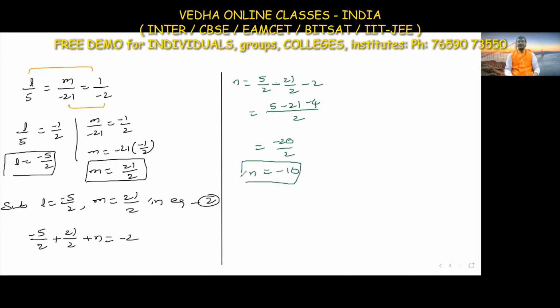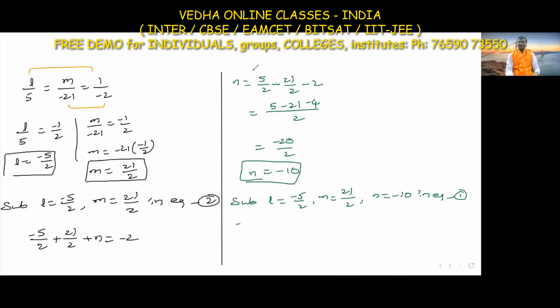After getting L, M, N values, substitute all these values in equation 1. So now I am substituting L is equals to minus 5 by 2, M is equals to 21 by 2 and N is equals to minus 10 in equation number 1. What is equation 1?